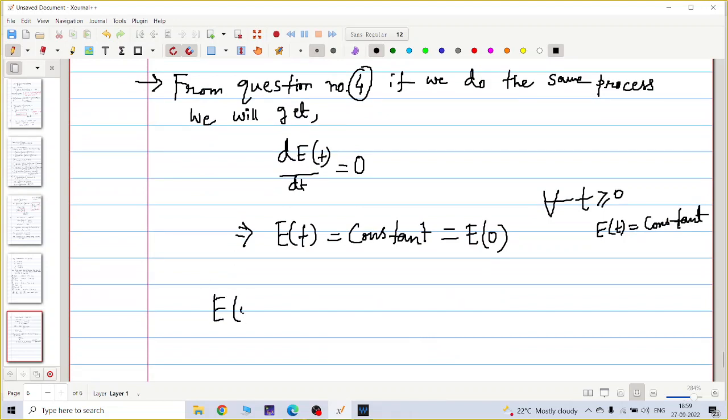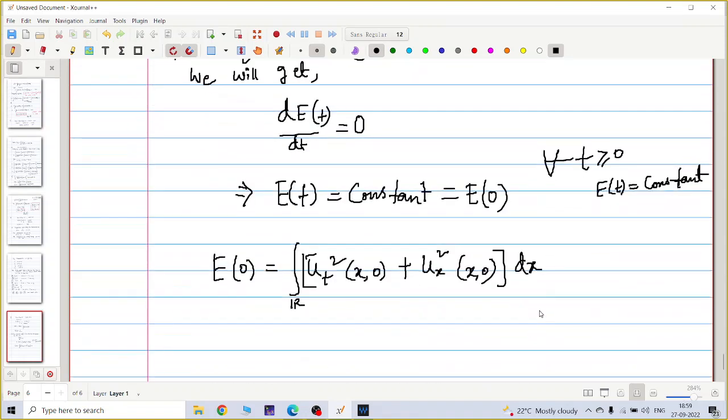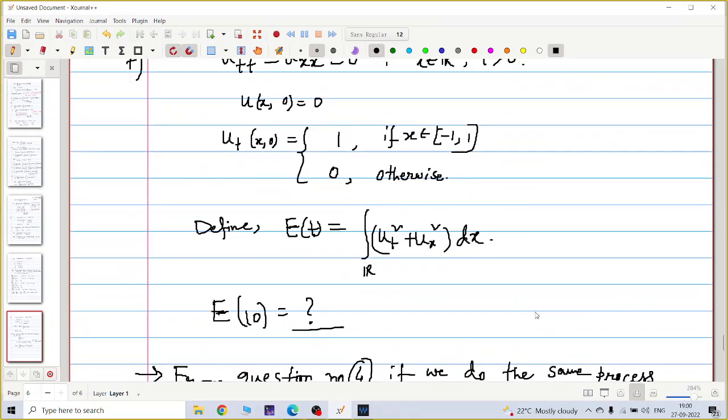So what is my E of 0? E of 0 means integral over R of u_t square at (x,0) plus u_x square at (x,0) dx. Now what is given? Given is that u(x,0) is 0 and u_t at (x,0) is 1 if x lies between minus 1 to 1 and 0 otherwise.